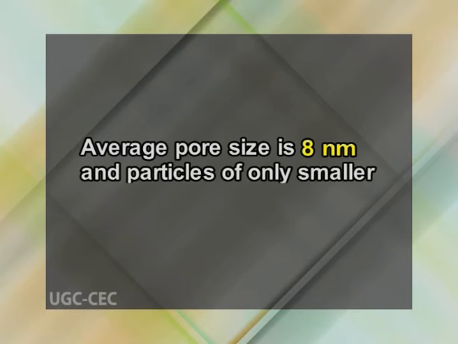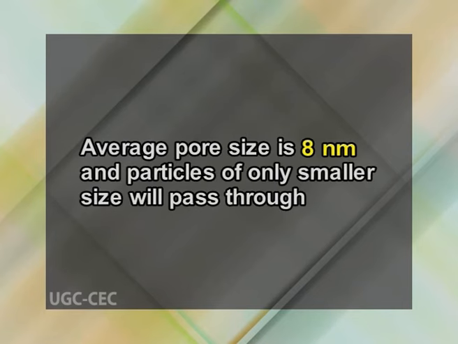The leaky vessels filter into the glomerulus almost all the water, electrolytes, small proteins, nutrients such as sugar, etc., and excretory products such as urea. The filtration is dependent on the size and charge of the particles. The average pore size is 8 nanometers, hence particles of only smaller size will pass through.